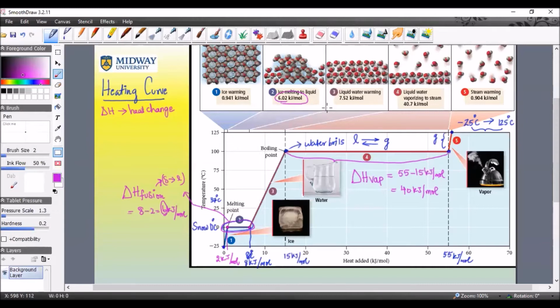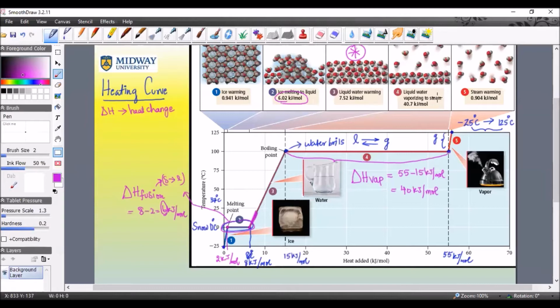And then you go from liquid water warming. This is important for answering the conceptual question. If you're looking for an answer on why you should not consume snow, this is where your answer is. So liquid water warming, maybe a little bit up till here. I'm not asking you to just know all this and memorize it.